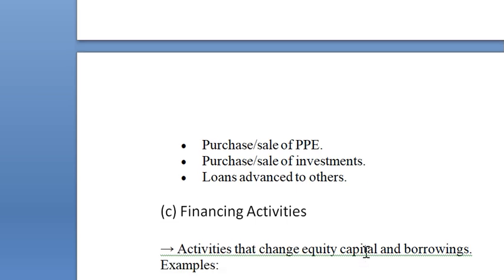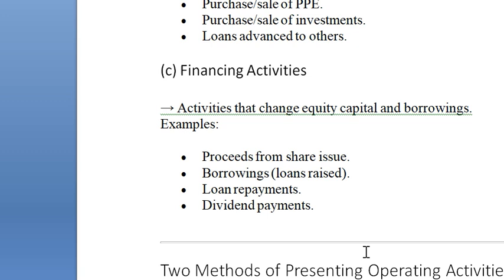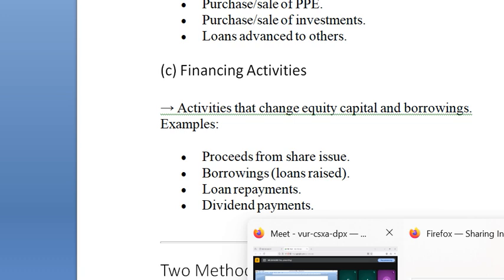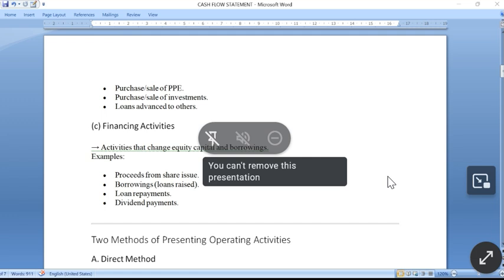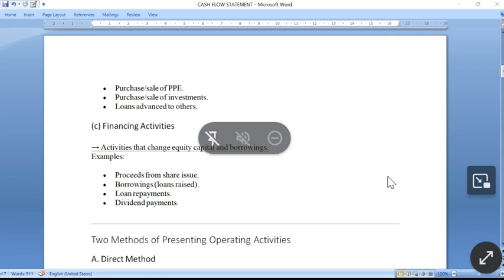And then you have the financing activity. The financing activity deals with your equity and your borrowings. That's what the financing activity deals with mainly. So this will include proceeds from sale of shares. If you sell shares or you raise shares, you have to recognize the proceeds from there under financing activity.